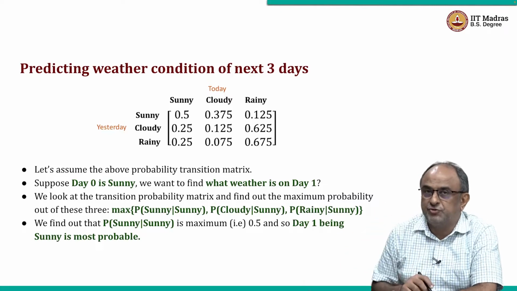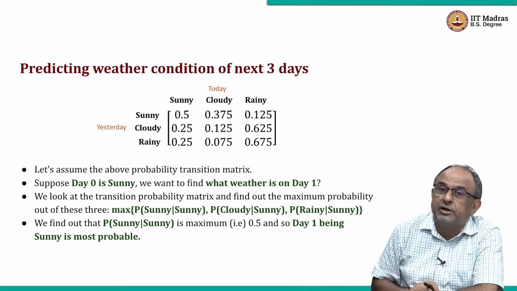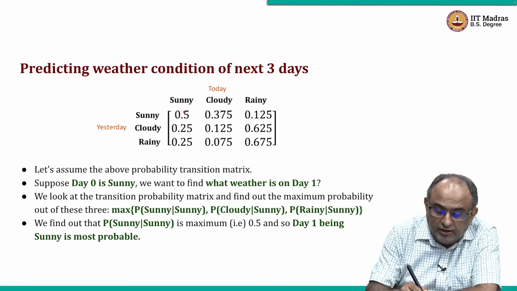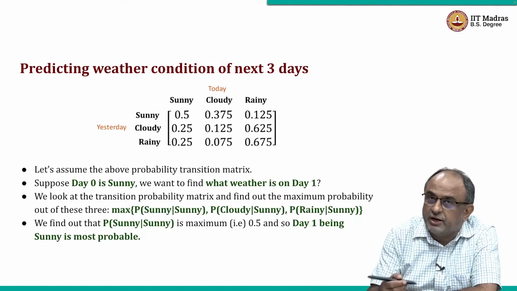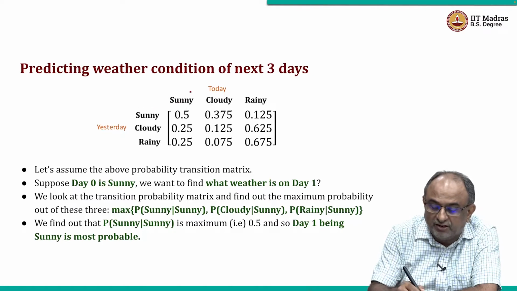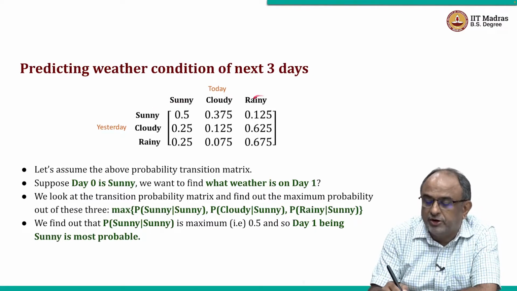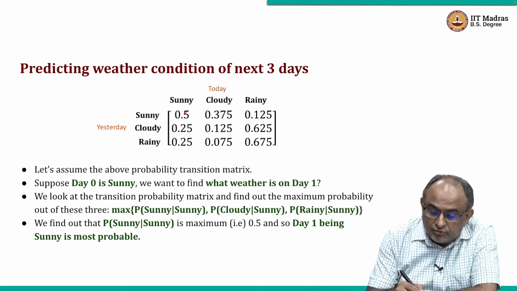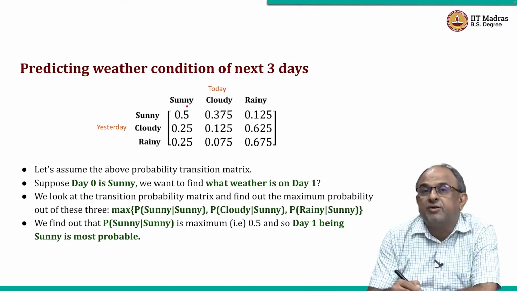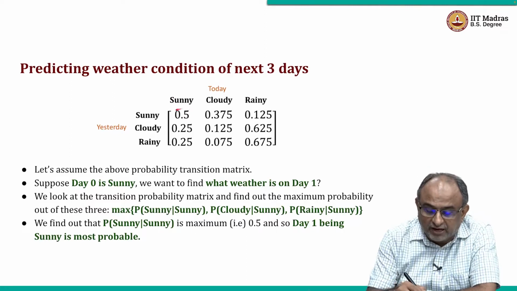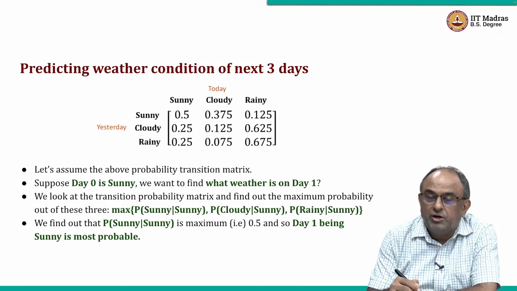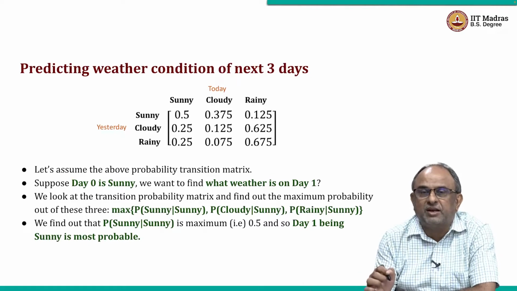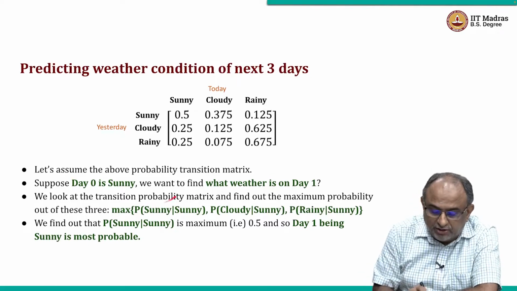We will say that the next day can only be either, see, given today is sunny, next day can only be sunny or cloudy or rain. It can be only one of these 3 weather conditions. Out of these, sunny is the most probable, right? It has the highest probability. So given that today is sunny, my prediction for the next day will always be sunny. Okay. So that is what we are saying here.